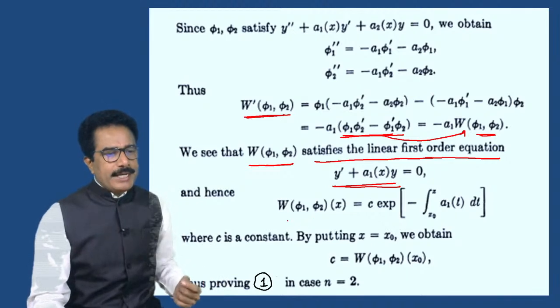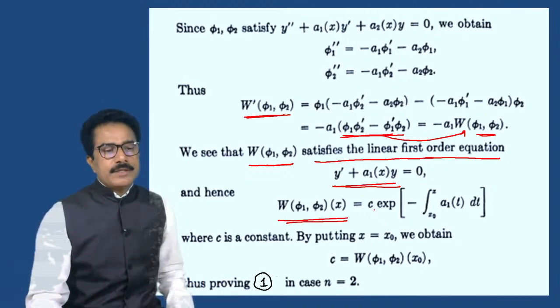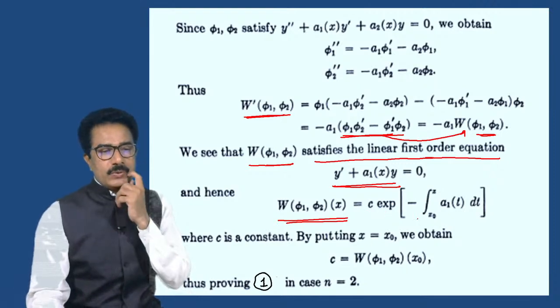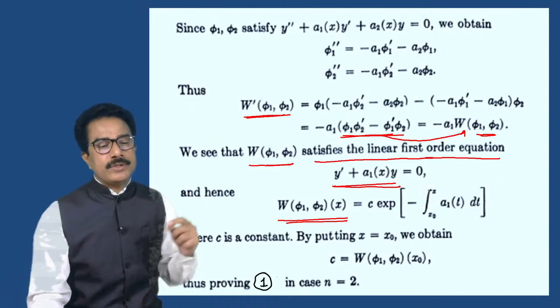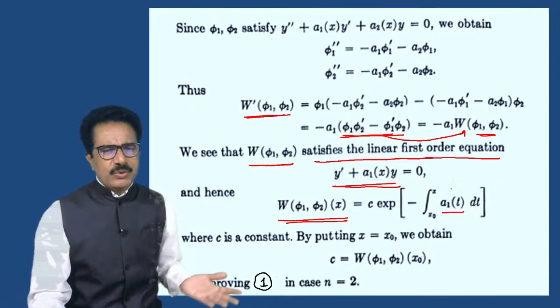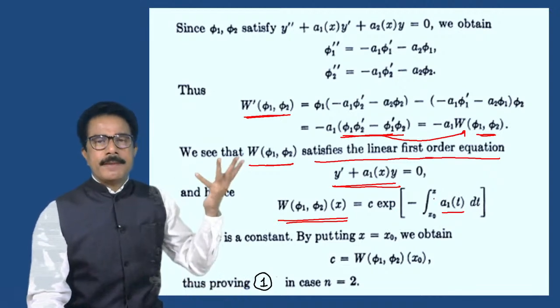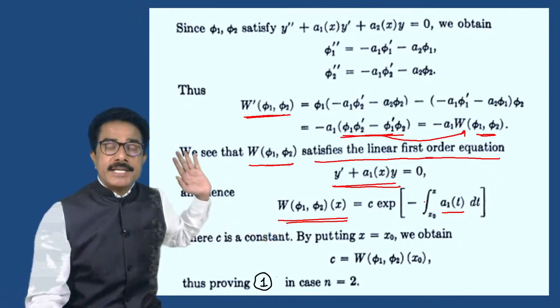So we can write the Wronskian of phi1 comma phi2 of x equals c times e raised to minus the integral from x0 to x of a1 of t dt. Actually you know that we have seen this in the B.Sc class also.